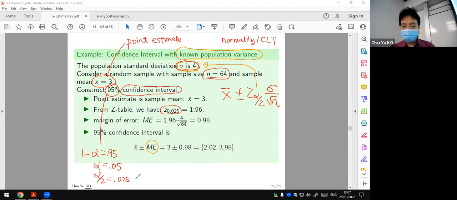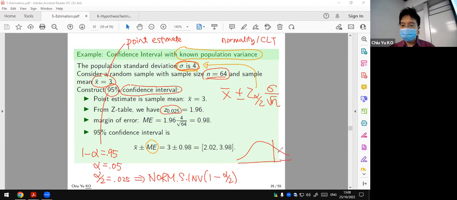How to get this? Again, it just comes from the norm.s.inv. Oh, sorry, I have to use 1 minus alpha over 2, because of the inverse, it looks at the left-hand side.